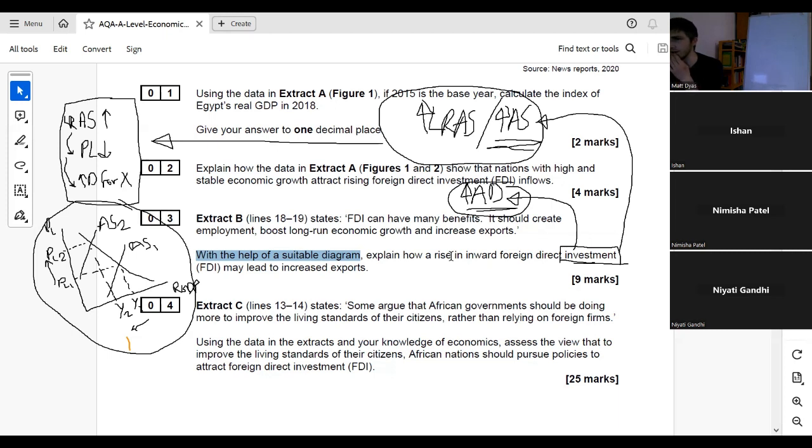That's a very common evaluation for FDI and one that applies quite well to this scenario.